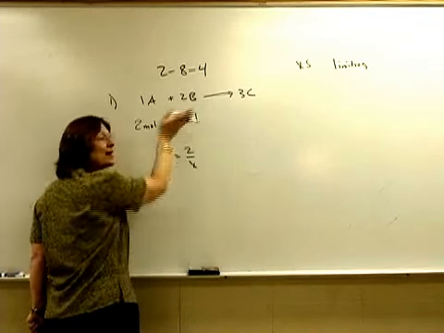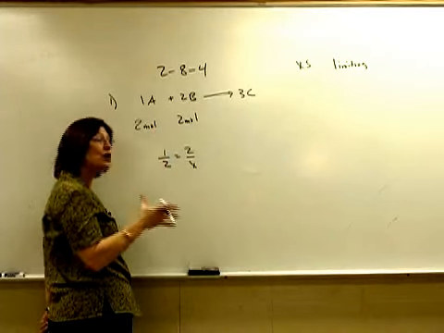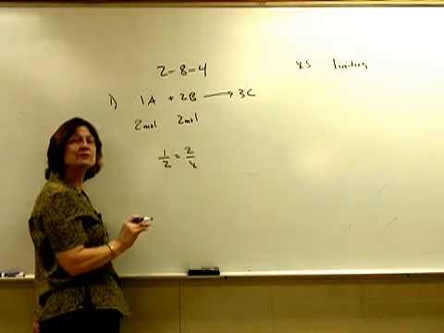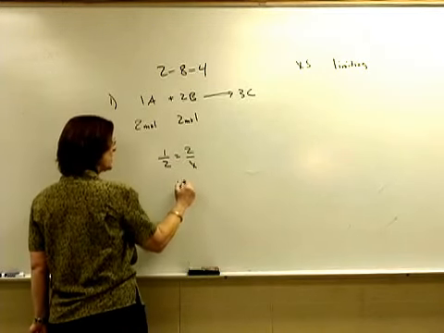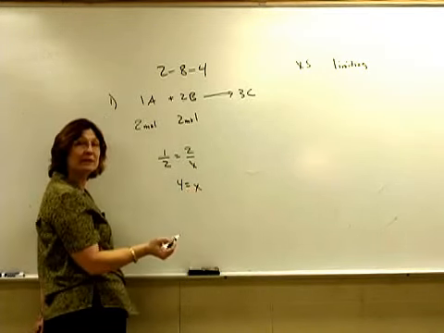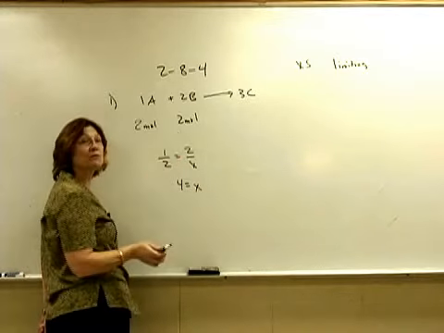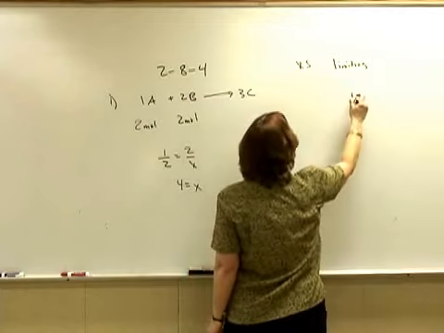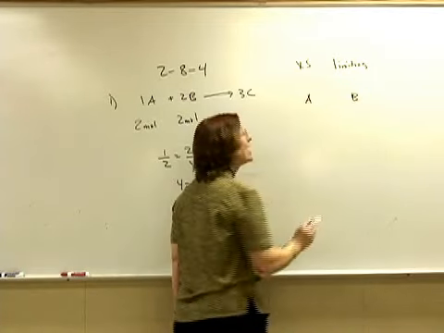I'm ignoring the fact that I have 2 moles there. I want to know how many moles it would take to use up these 2 moles of A. And as it turns out, I would need 4 moles of B, but I only have 2 moles. So again, the limiting reagent in this case is B, and the excess is A.